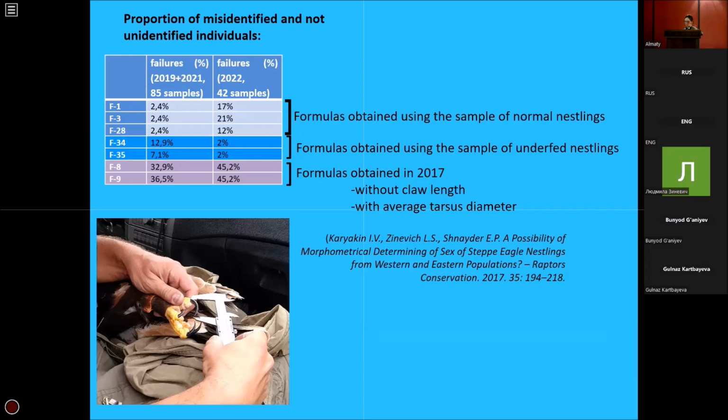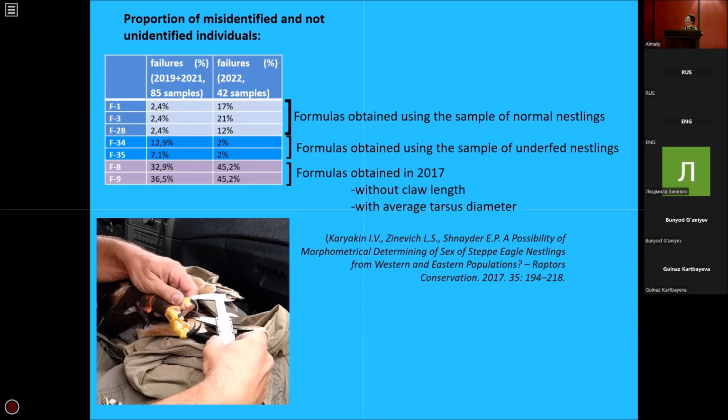And this formula was obtained for the sample of 2022, and it works quite well with rachitics, but it makes a lot of mistakes with normal nestlings. And notice that we cannot yet test these formulas because we have no other independent sample of underfed nestlings, so we don't know if these formulas will work well with new rachitics.